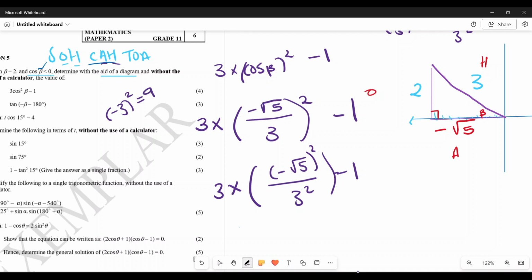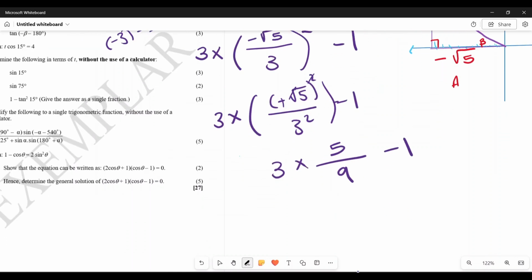So anything that you square always results in a positive value, whether it's a negative or a positive number, right? So in this instance, first this negative we get rid of, and also the square root here is cancelled by the squared. So basically you'll be left with 3 multiplied by 5 at the top, all over 9 minus 1.